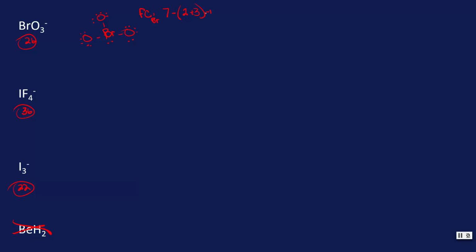This is a plus 2. That's not good. Each of these oxygens we've already looked at. This type of oxygen, I call them lollipops. We have 6 valence electrons. They each have 1 bond and 6 non-bonding electrons, so -1.